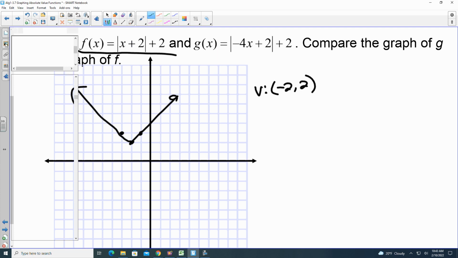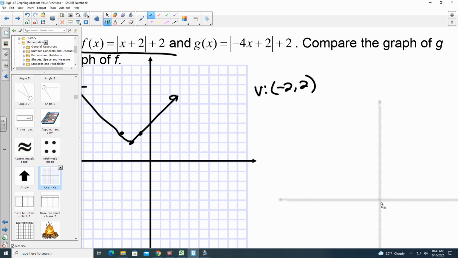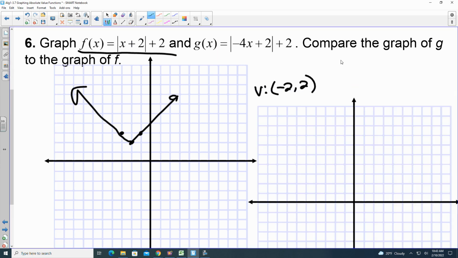When I'm graphing the second part, I have g of x is equal to the absolute value of -4x plus 2, and then it's plus 2.